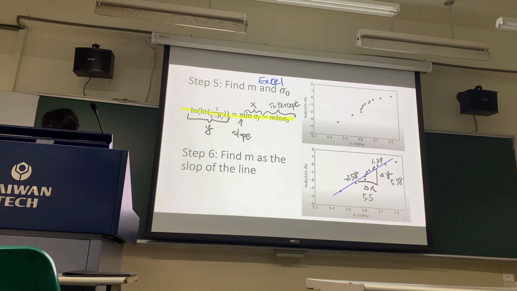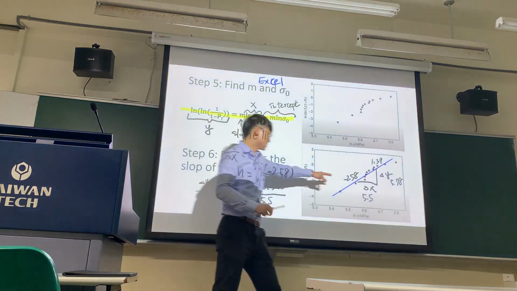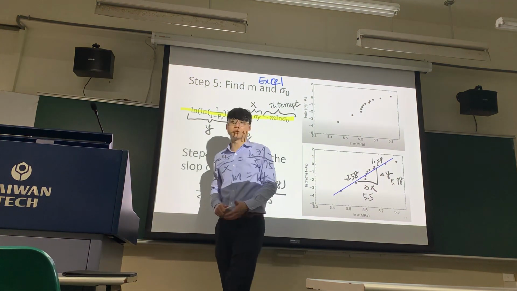I'm just giving you a rough number right now. So if you do delta y divided by delta x, 1.39 minus 2.58 divided by 5.75 minus 5.5, you get n equals 14.18. This is just a math calculation, if I arbitrarily draw lines and calculate the slope.